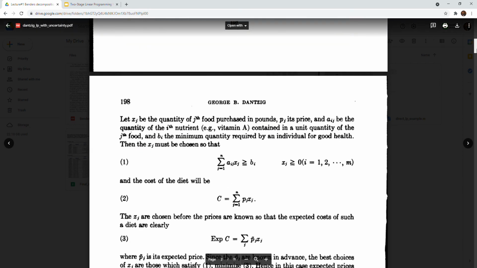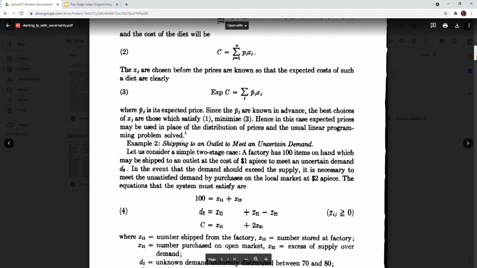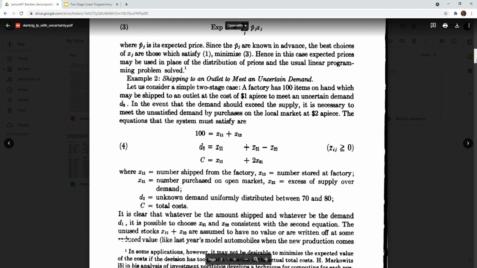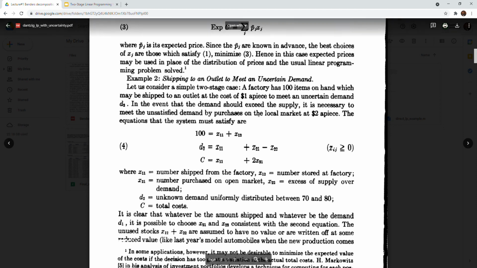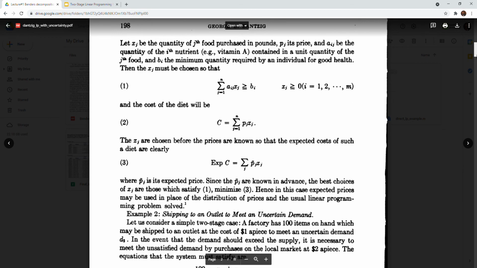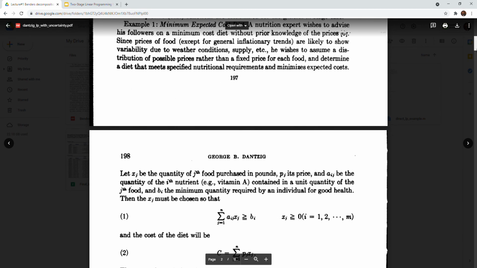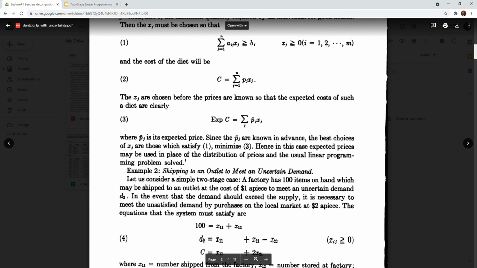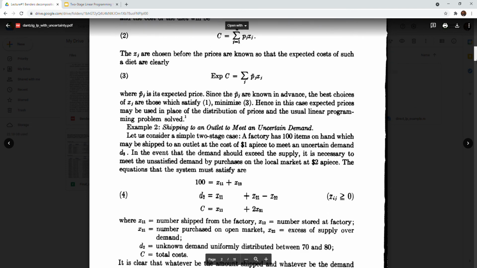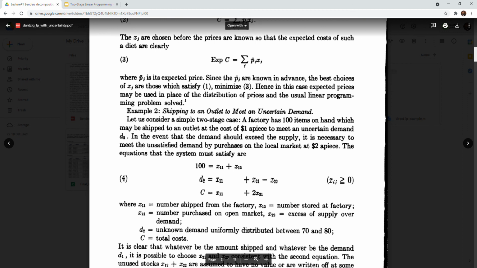And the second example is the transportation problem under uncertain demand. So Dantzig used these two examples to give you the idea of how his resulting work would appear to you, and we'll give you a specific explanation in the next clip.